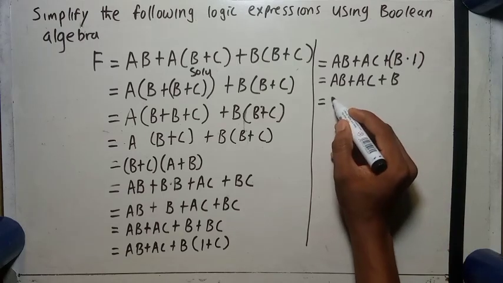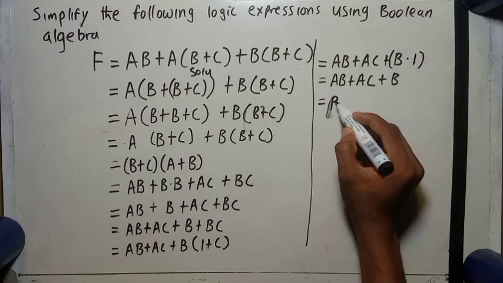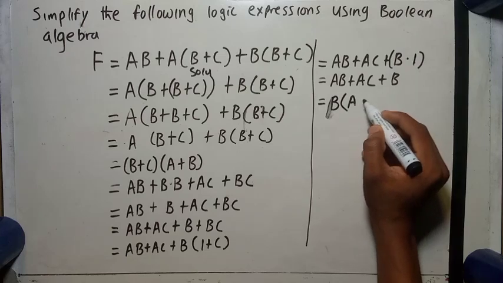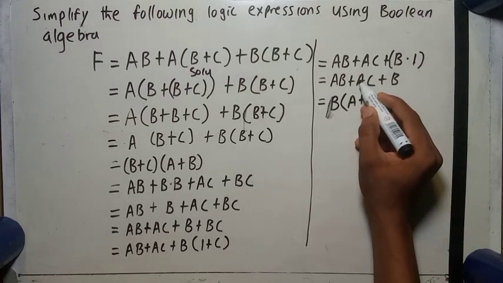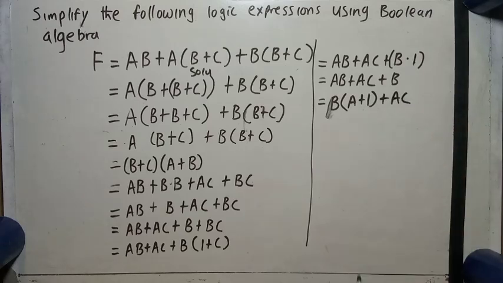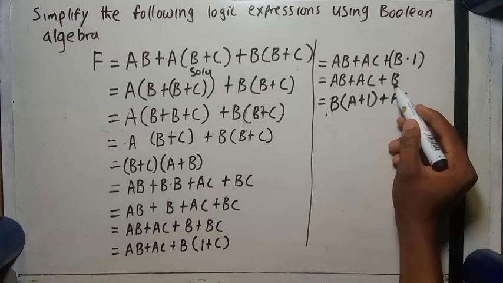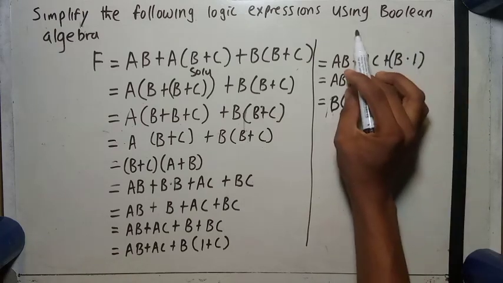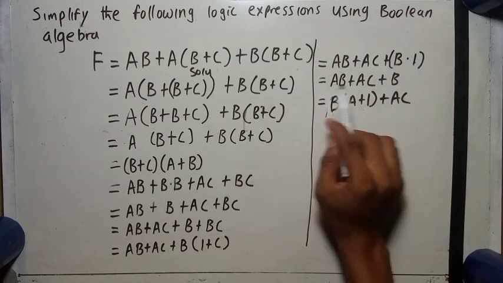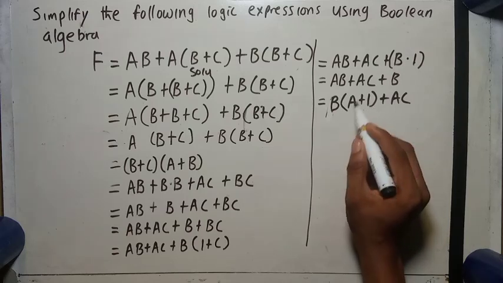We have b outside, and we're having a plus 1. Now this is your b and your b here, so I brought the two of them out and left a and then 1. The same thing also happened here. A is adding itself to 1, so everything is going to become 1.